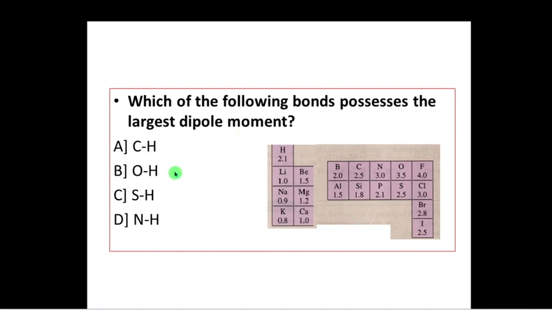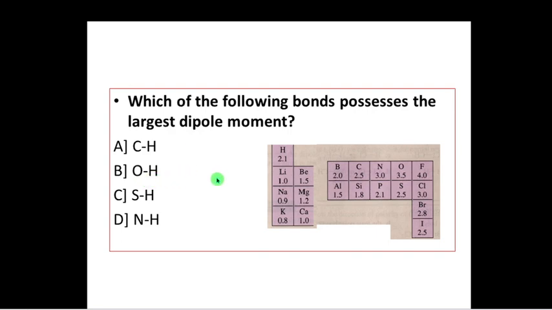The electronegativity of carbon is 2.5, oxygen is 3.5, sulfur is again 2.5, and nitrogen is 3. Among these, the highest is O-H, because oxygen is more electronegative, so the bond dipole attraction towards it is more.